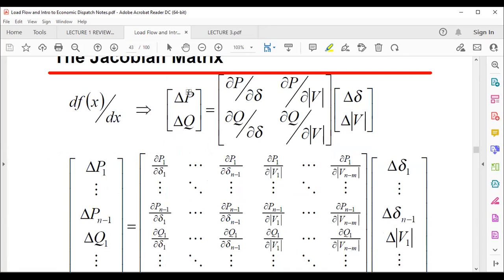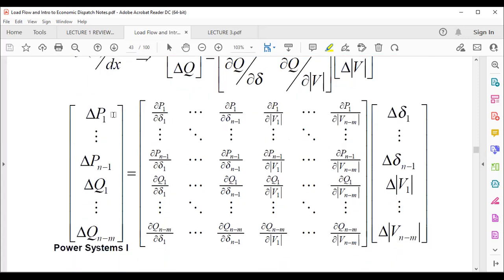On the left-hand side, we have the change in power, which is equal to, in compact form, the partial derivatives relative to the phase angle and relative to the voltage, and the reactive power derivative relative to the angle and relative to the voltage. Depending on the system size, the matrix will look like this.